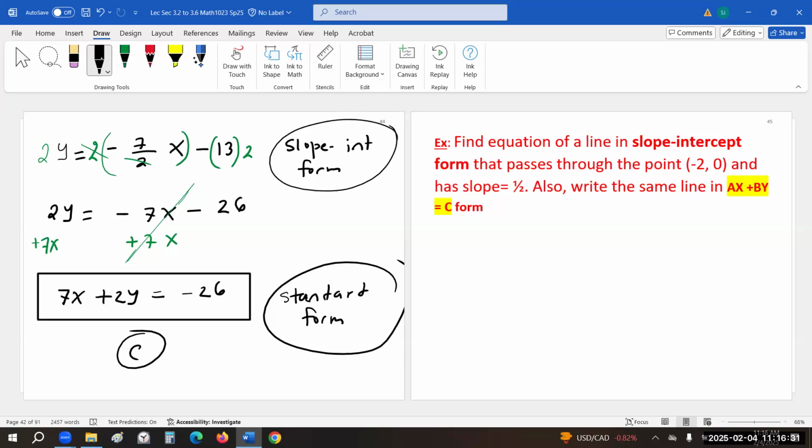Well, let me see. 1, 2, 3, 4, 5, 6, 7, 8, 9, 10, 11, 12, 13, 14, 15, 16, 17, 18, 19, 20.